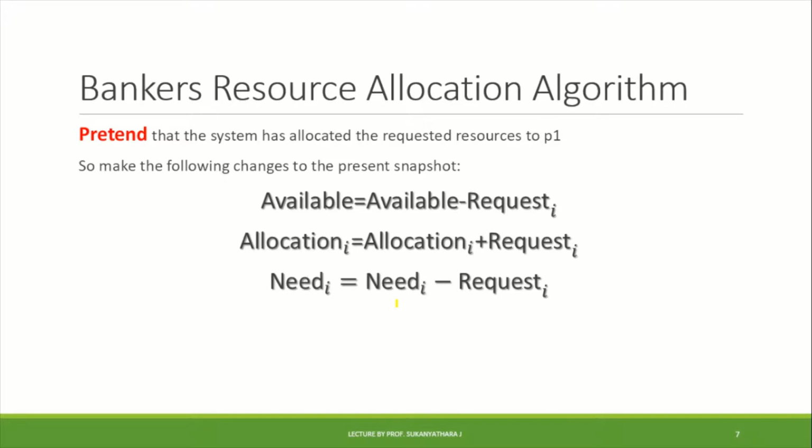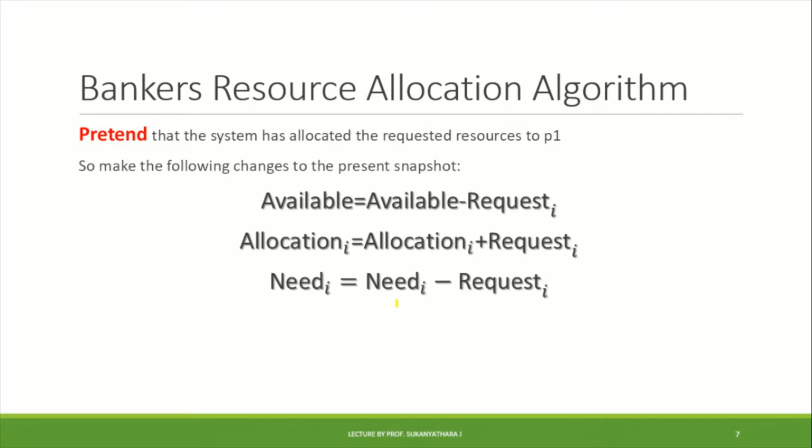So assume that there are enough resources available in the system. There are enough free resources right now. The operating system will pretend like it is granting the resource request immediately.